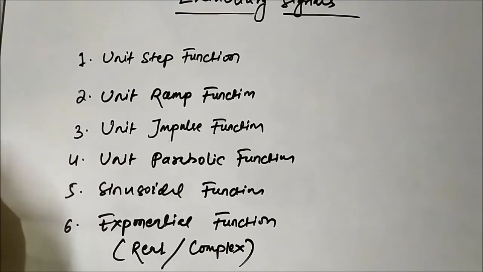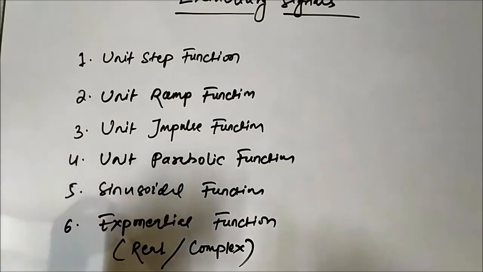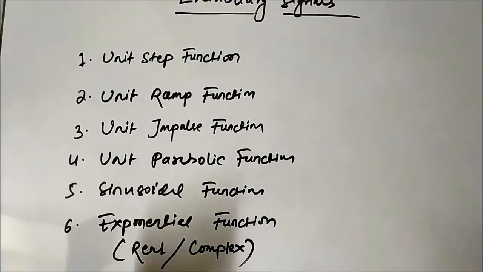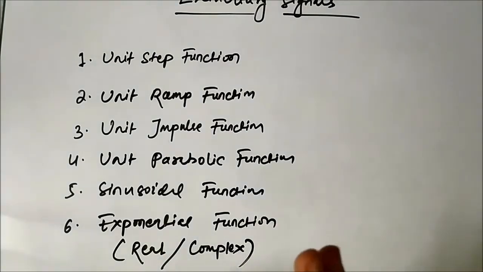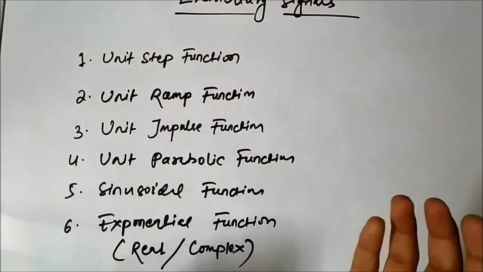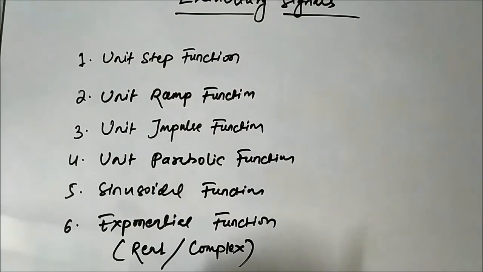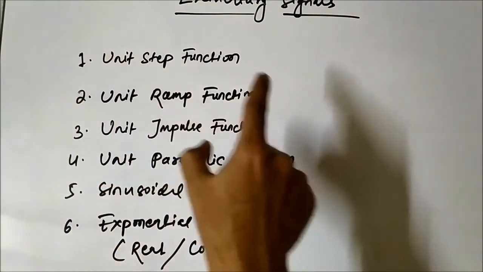Depending on how much time it takes to cover each of these signal functions, I think it would take around one video each. So in this video I think I can cover the unit step function. We will discuss both the continuous time domain and the discrete time domain behavior of the unit step function, and if possible I will discuss the ramp function, otherwise it would take another video. So let us discuss the unit step function.